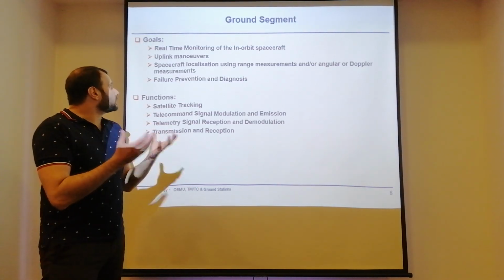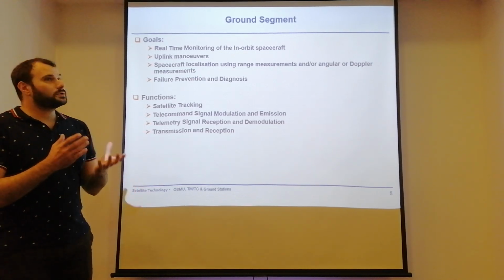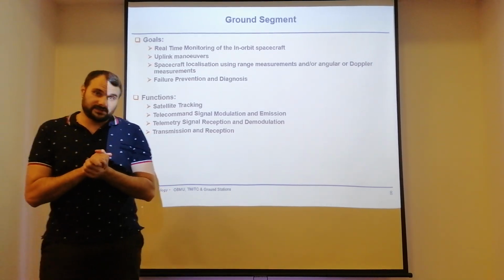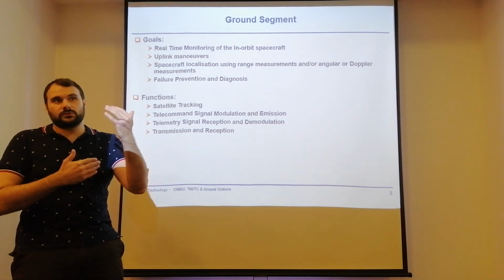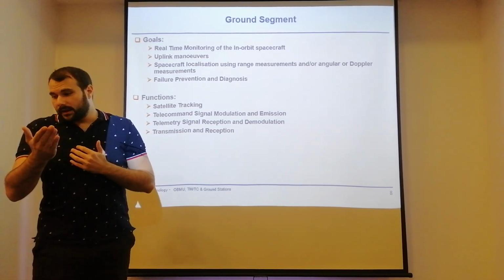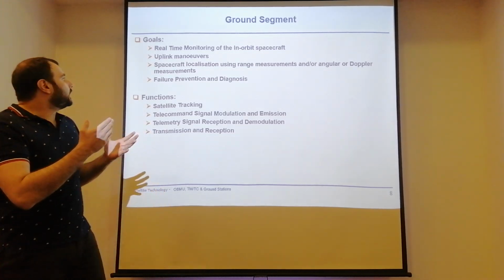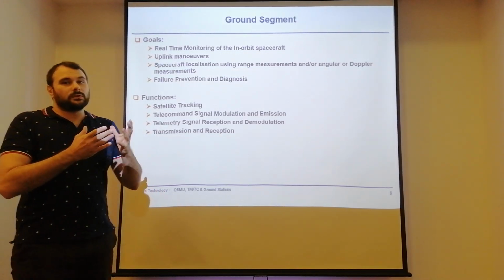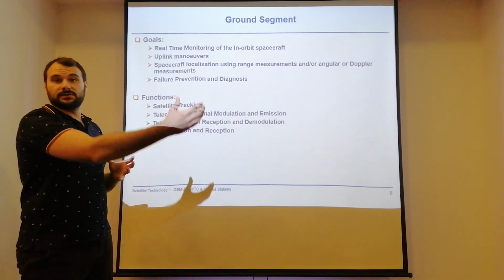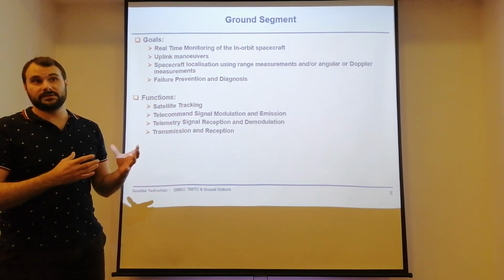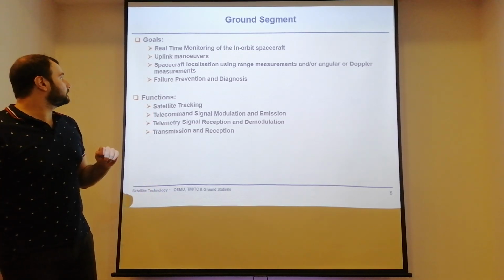So the goal of our ground segment is in general real-time monitoring of our in-orbit spacecraft. And we want to perform uplink maneuvers, so to control the satellite, and we maybe even want to have range measurements, so we want to determine where our satellite is located and support our measurements of the satellite position.